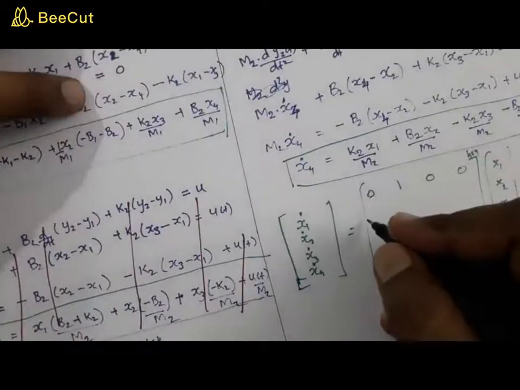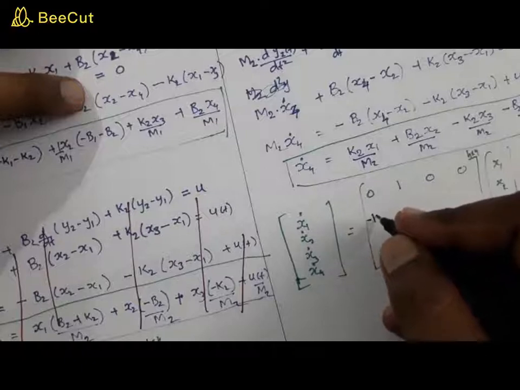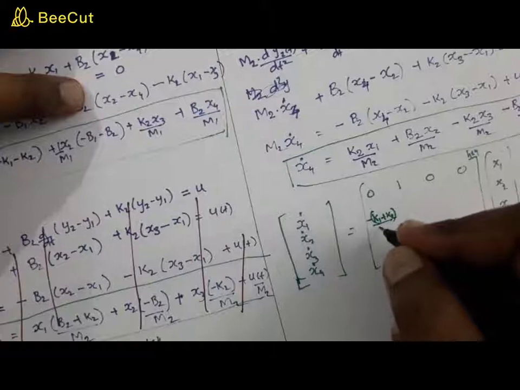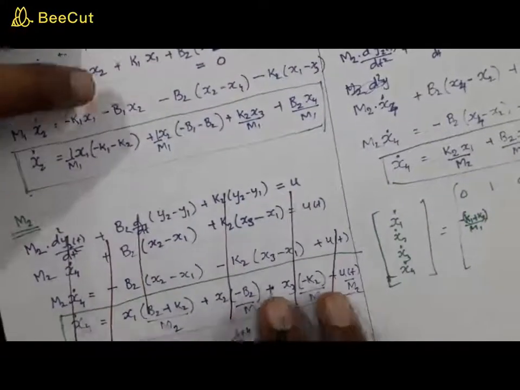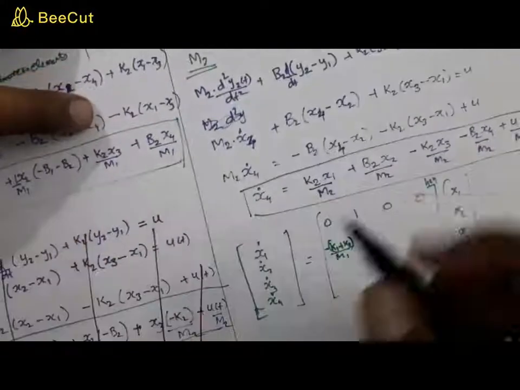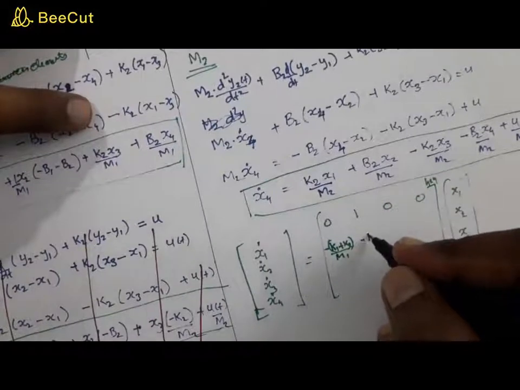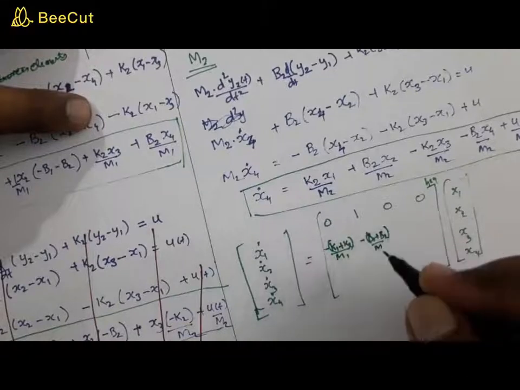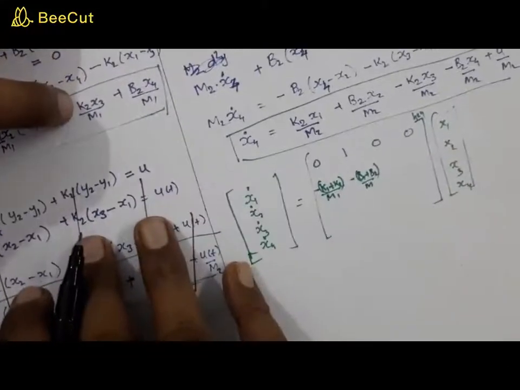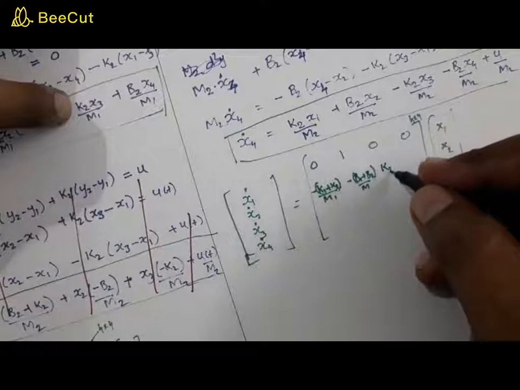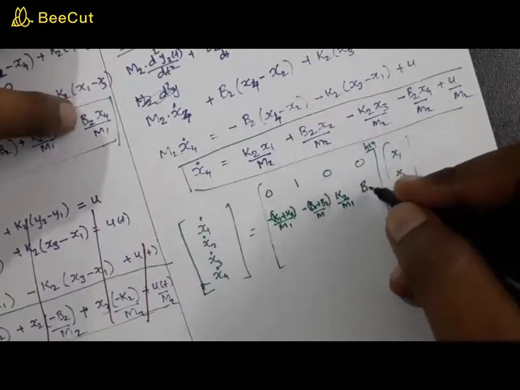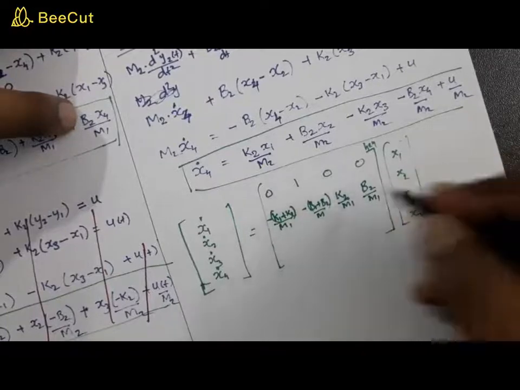So the coefficient of x1 will be minus of (k1 plus k2) by m1. Now what must be the second one? Minus of (b1 plus b2) by m1. The third one is k2 by m1. The fourth one is b2 by m1, so you can rewrite that using that expression.